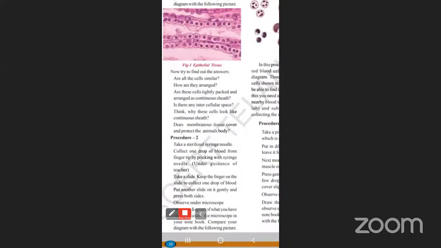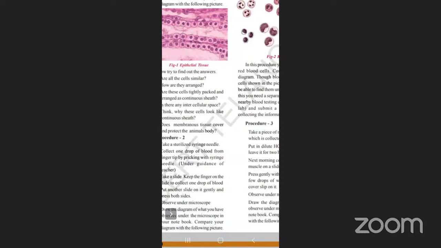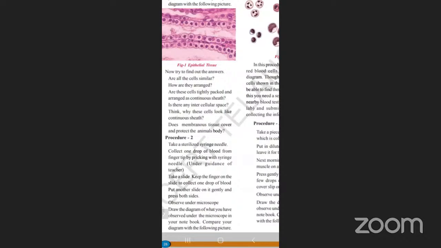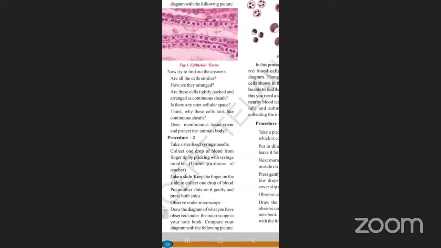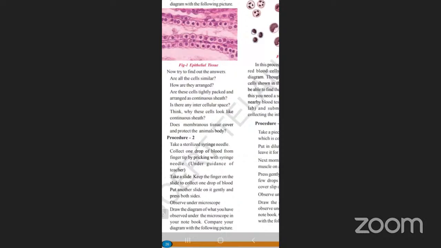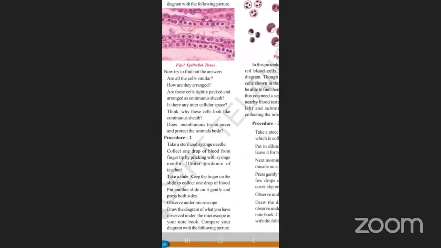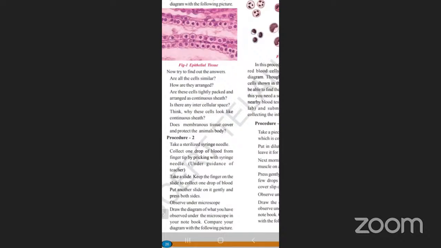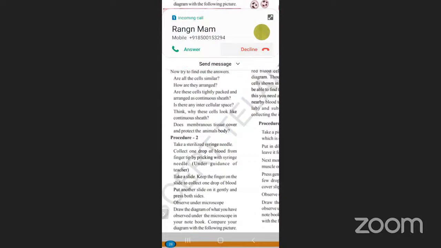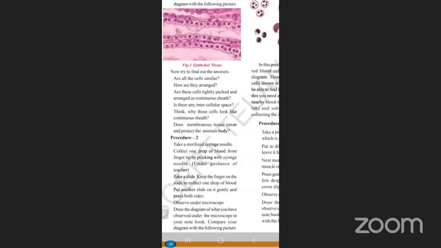Now here we are pricking the fingertip. That's why we need to take a sterilized syringe needle, to collect one drop of blood from the fingertip by pricking with a syringe needle under the guidance of the teacher.